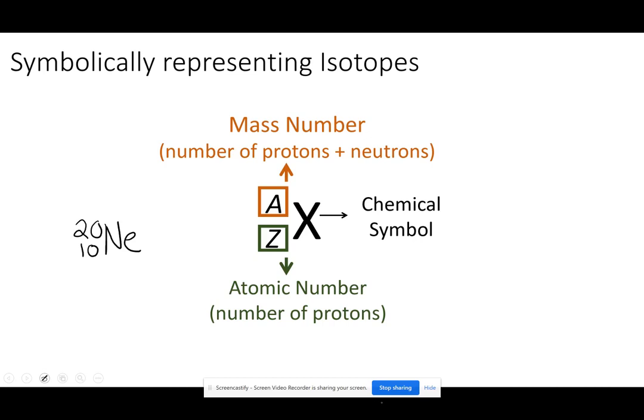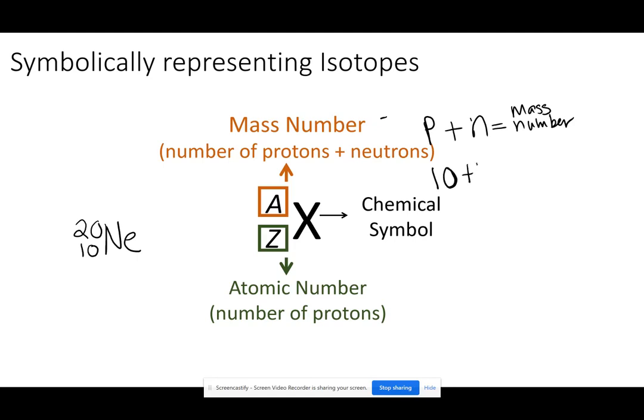So the number of protons plus the number of neutrons equals the mass number. We have 2 out of the 3 variables in this formula, so we can very easily determine the number of neutrons. So for neon 20, the number of protons is 10, because every atom of neon will always have 10 protons.